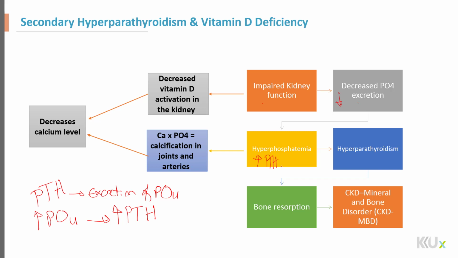So the patient develops hyperphosphatemia, which leads to hyperparathyroidism. And parathyroid hormone's action on bones is bone resorption. What does bone resorption mean?